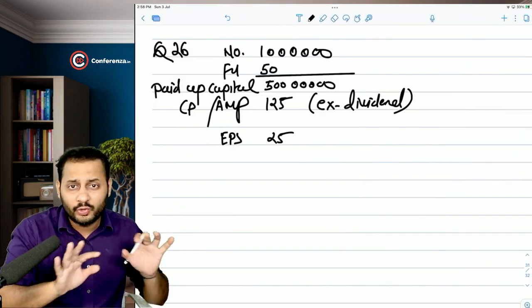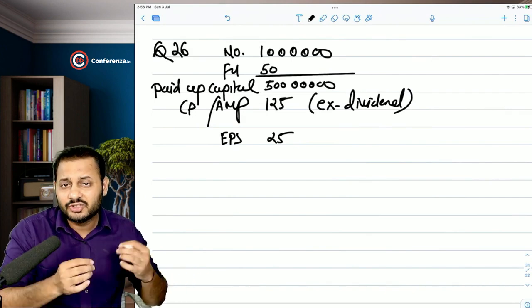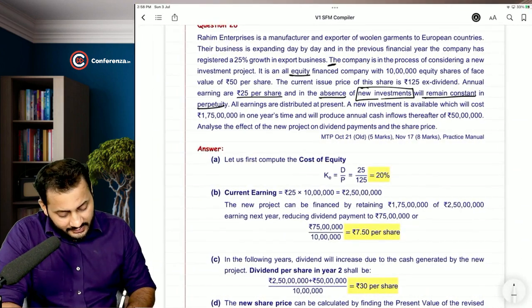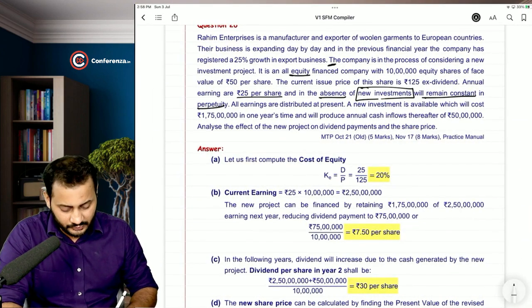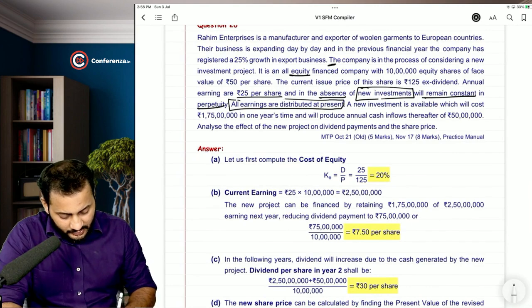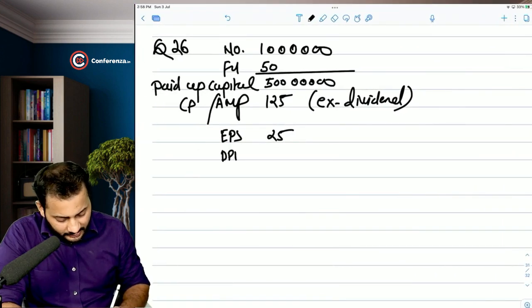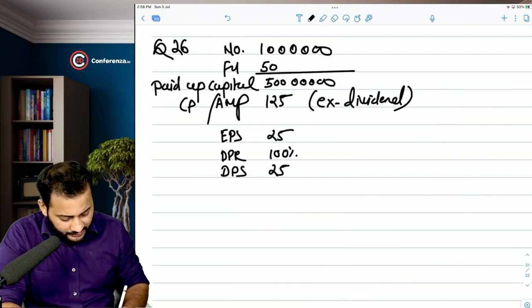There is no growth rate if no investment is taken up. All earnings are distributed at present. This is very important: all earnings are distributed, meaning the DPR is 100%, and hence the dividend per share every year is 25.